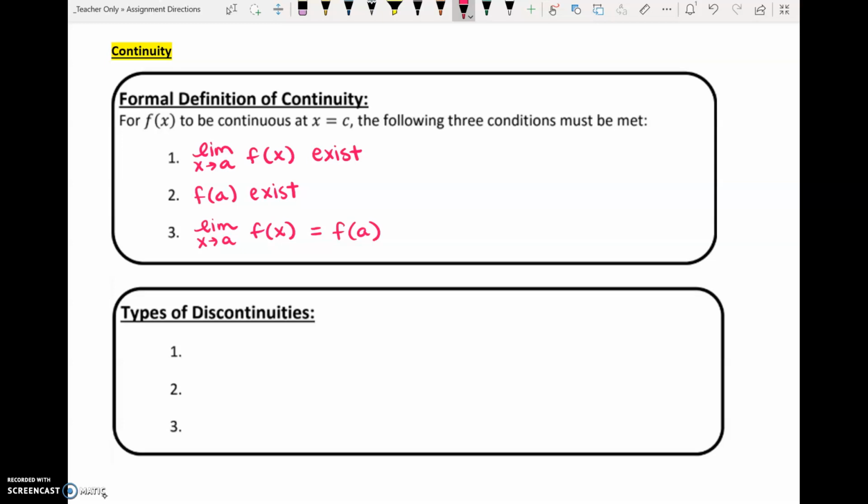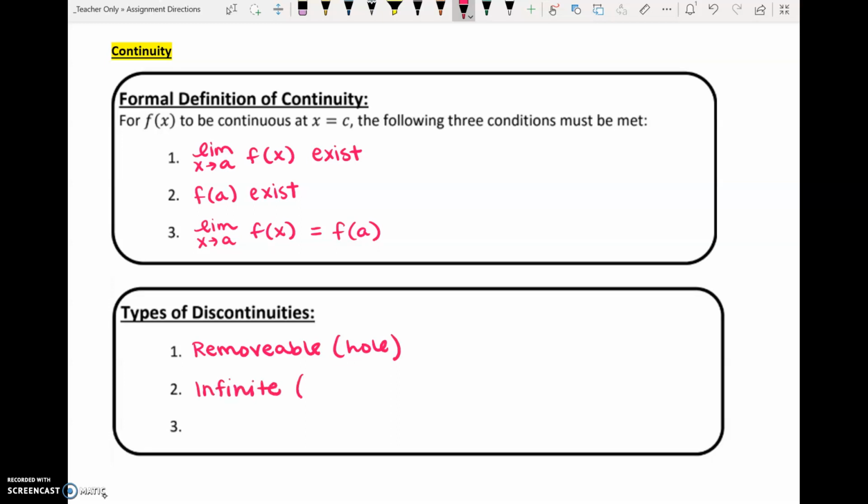And when a function is not continuous, there are 3 types of discontinuities. One type is a removable discontinuity, and that looks like a hole in a function. We could also have an infinite discontinuity.